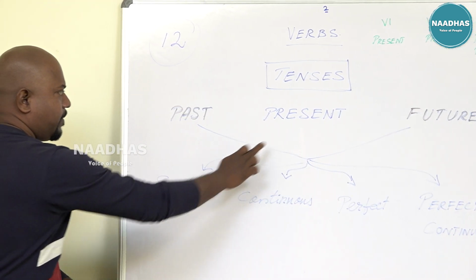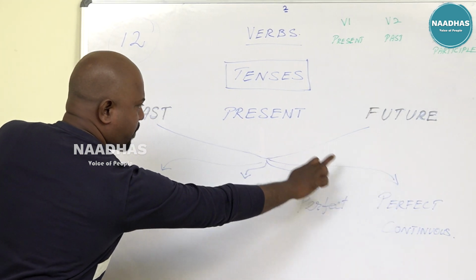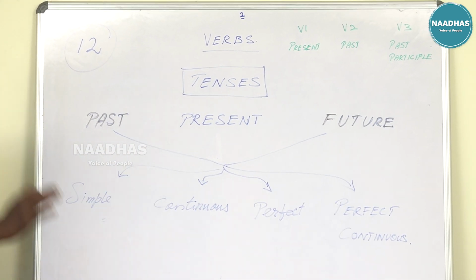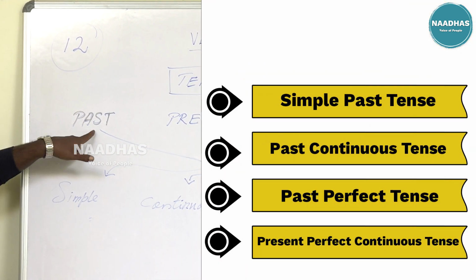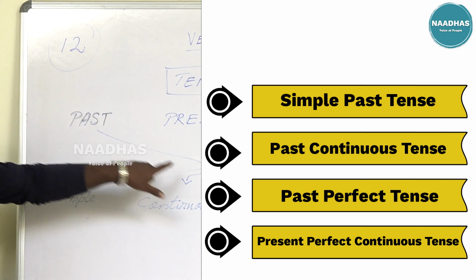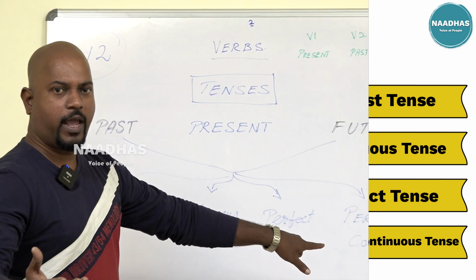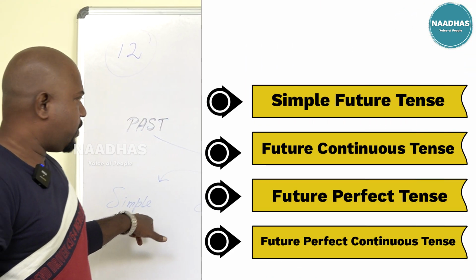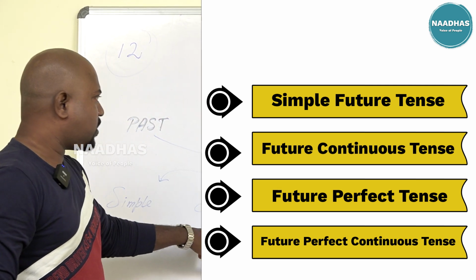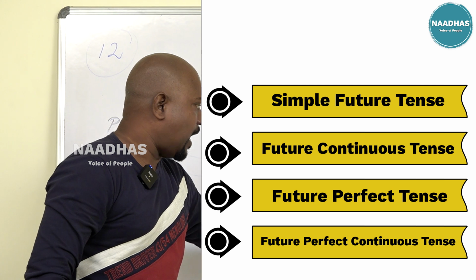The same way for the past: simple past, past continuous, past perfect, past perfect continuous. And the same way for the future: simple future, future continuous, future perfect, and future perfect continuous.